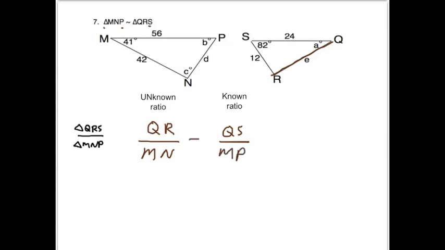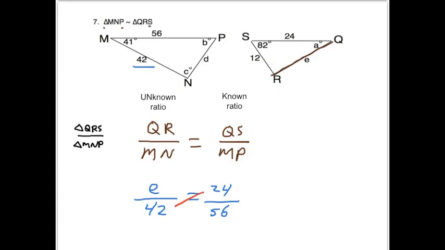So now we have two ratios set equal to each other. We have our proportion, and our job is to solve that proportion. So QR again is unknown, it's E units. MN is known, that's 42. And that's equal to QS, which is 24, over MP, which is 56.